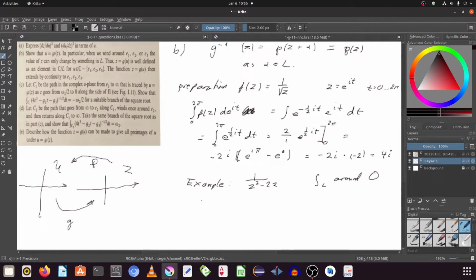So then the denominator, we can write it as, and then make a partial fraction decomposition.